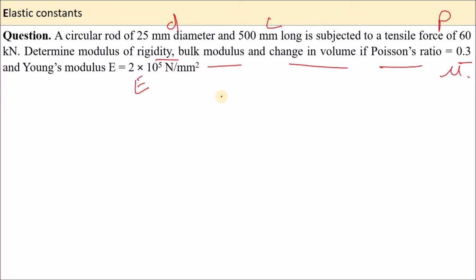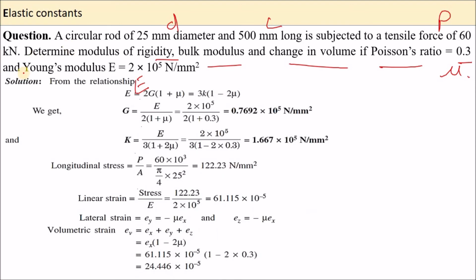We need to first write all the formulas, that is one thing. So before that, write all given data: diameter D equals 25 mm, length L equals 500 mm, force P equals 60 kN, Poisson's ratio mu equals 0.3, Young's modulus E equals 2 into 10 to the power 5 Newton per mm square.